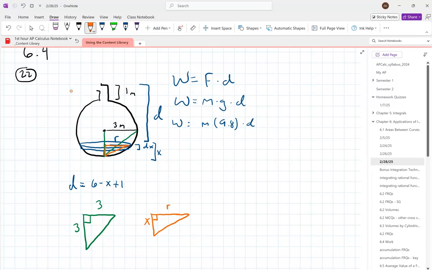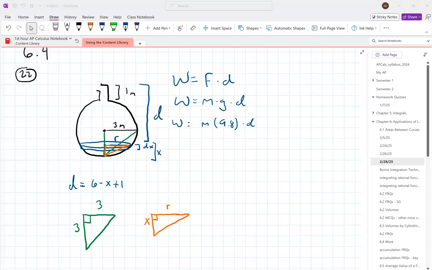Those aren't similar though. I don't think I've picked a good x.